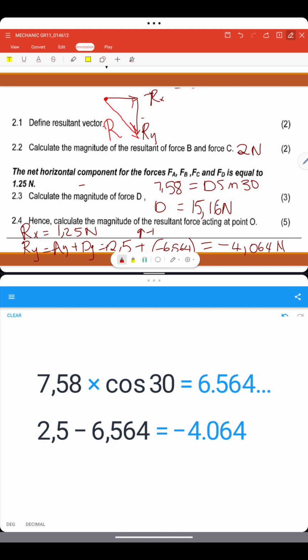And because these components are perpendicular to each other, it means to find R, I need to make use of the theorem of Pythagoras. It means R will be equal to the square root of Rx squared plus Ry squared. That will be equal to, let us see, 1,25 squared plus, the other one was negative 4,064 all squared.